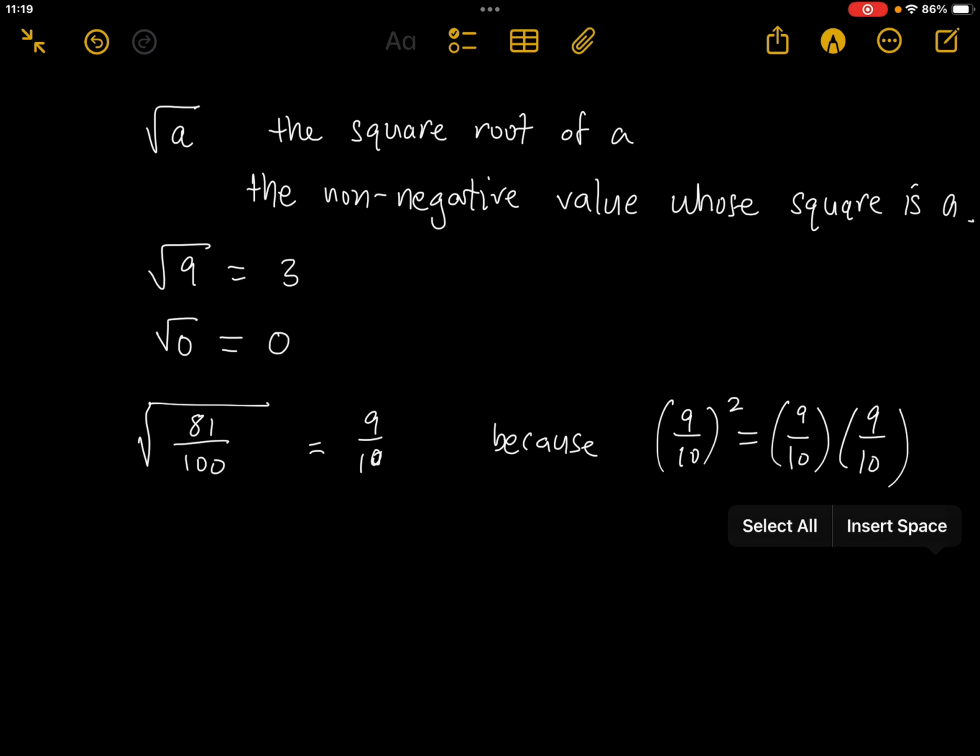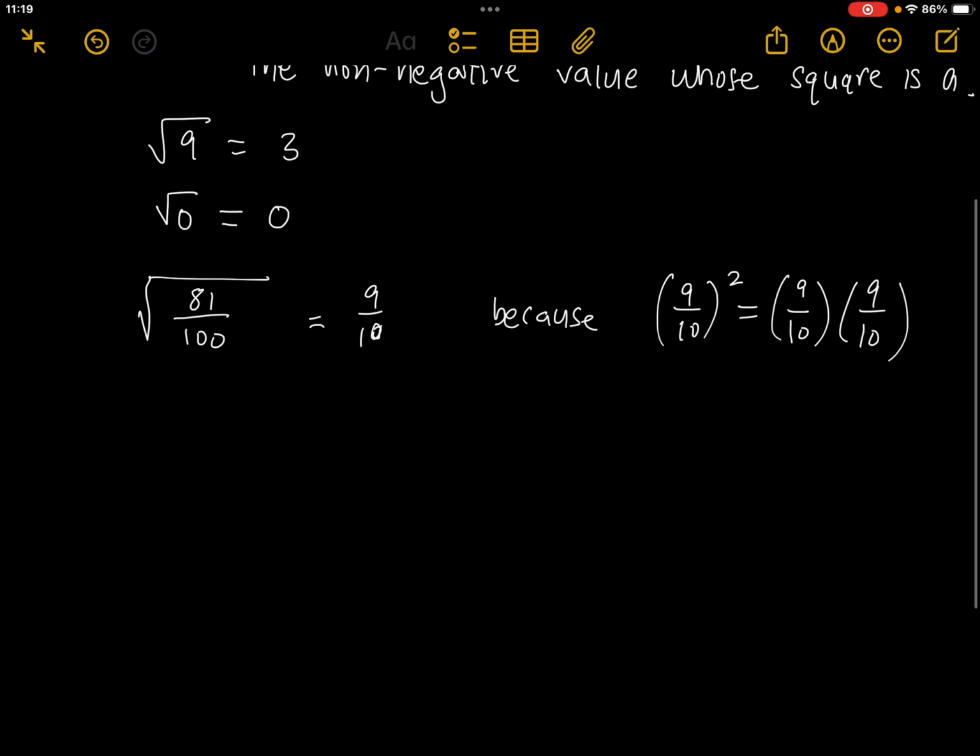To multiply fractions, you multiply the numerators together: 9 times 9 is 81, and then multiply the denominators: 10 times 10 is 100. So you do get 81 over 100. Okay.